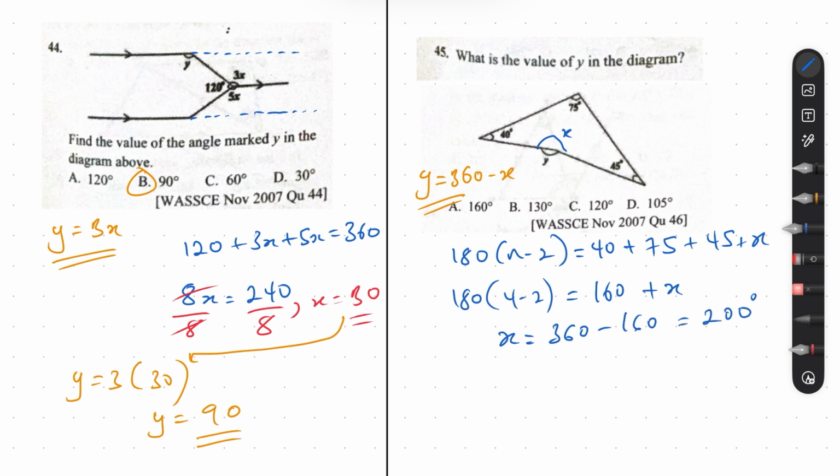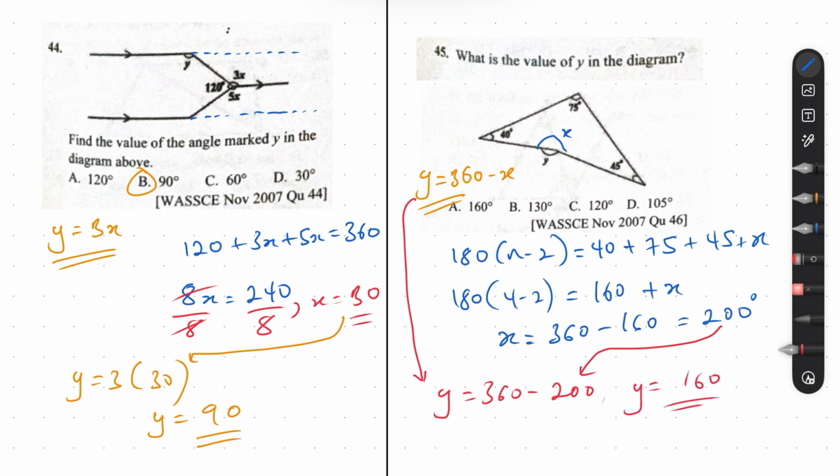Now we can find our y by inputting x. Y is equal to 360 minus x, which is 200. We got it from here. So we have our y to equal 160, which is A.